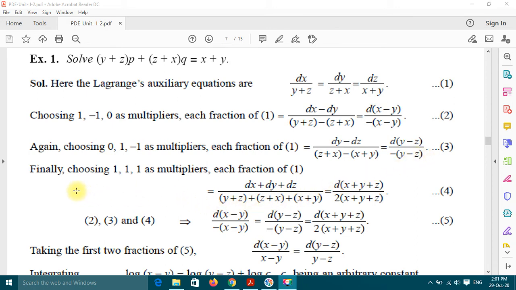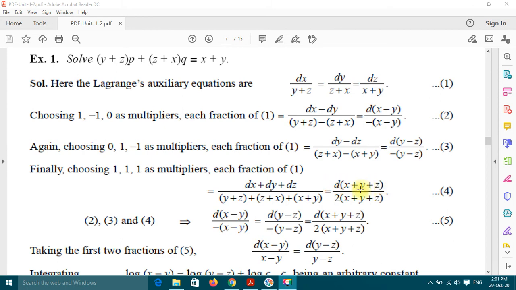Now finally we choose 1, 1, 1 as a multiplier. Then each fraction of 1 is equal to (dx + dy + dz) upon (y + z + z + x + x + y), so 2 times (x + y + z), and the numerator becomes d of (x + y + z).